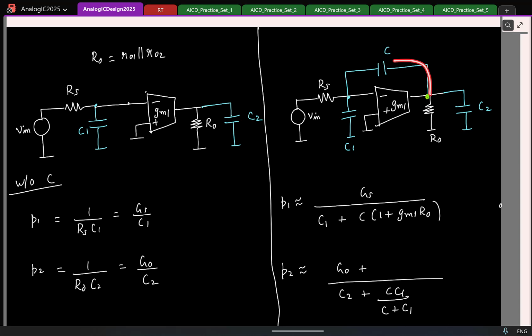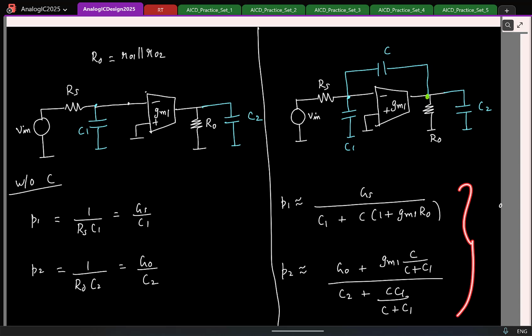But now it is not completely put in feedback. We have a fraction of the gm. So what is the fraction of gm? I need to find what fraction of this voltage appears here. That is a capacitive division between these two fellows. C by. Is that clear? So that's how we can look at it and try to write it.